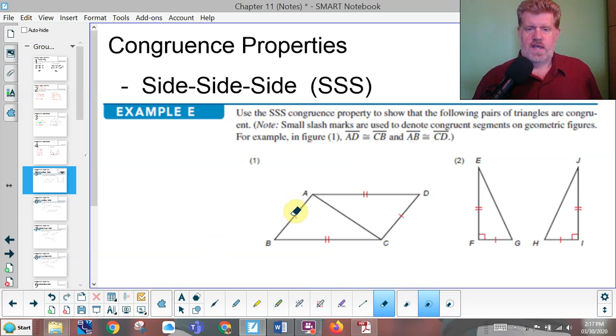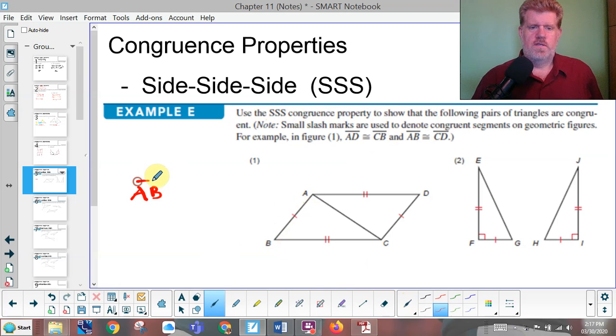So we know that AB, we know that for this one, there we go. We know that AB is congruent to DC. We also know that BC is congruent to AD or DA.